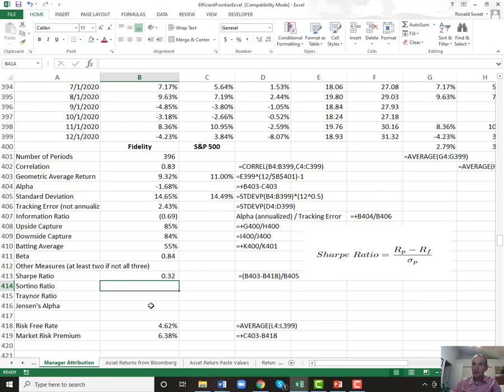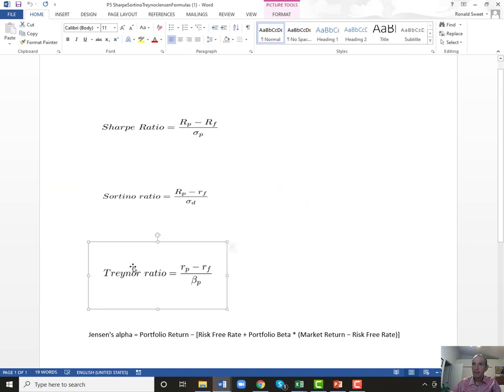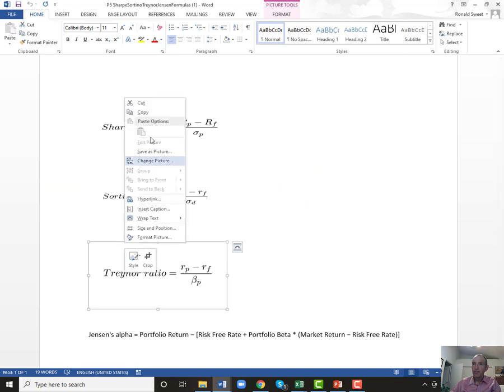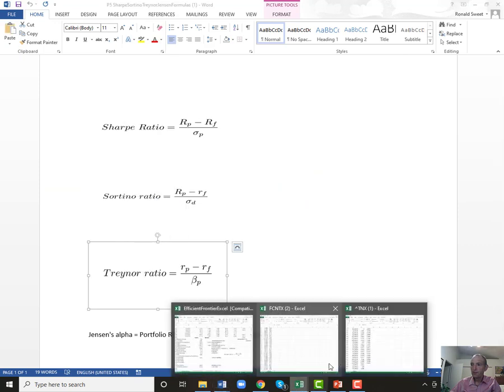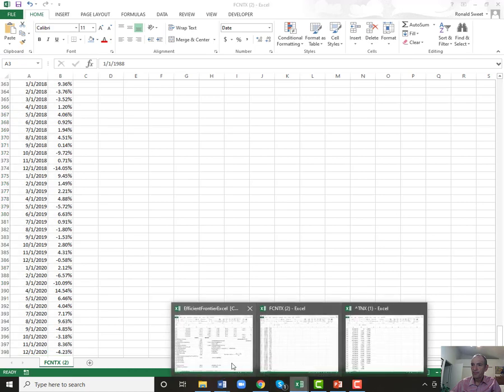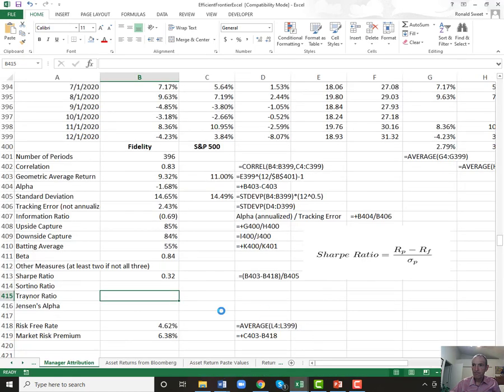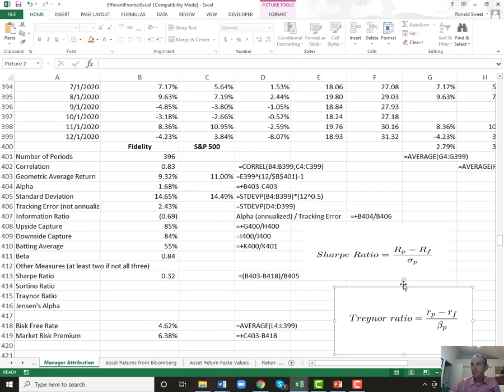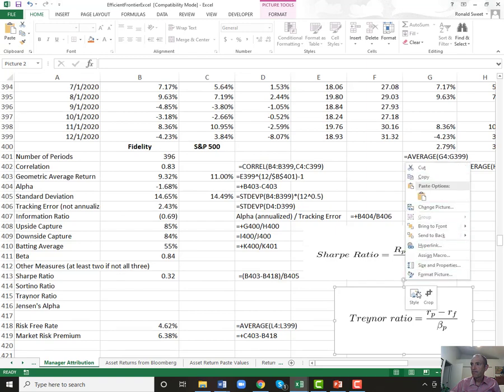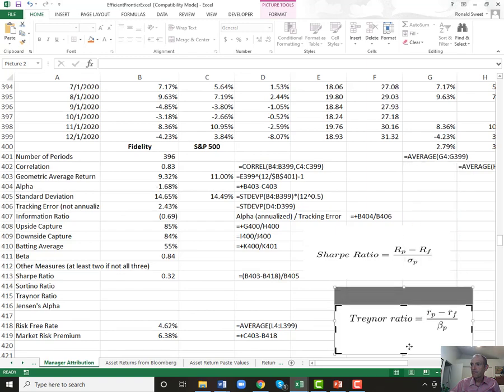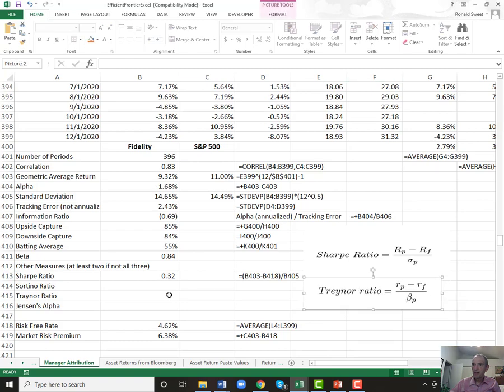The Sortino ratio I'm going to come back to. So let's do the Treynor ratio. I misspelled Treynor. The Treynor ratio is very, very simple. It's almost the same as the Sharpe.